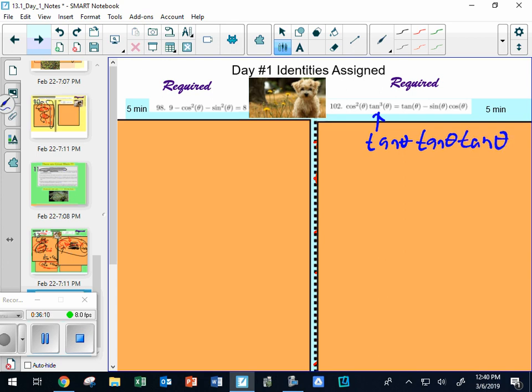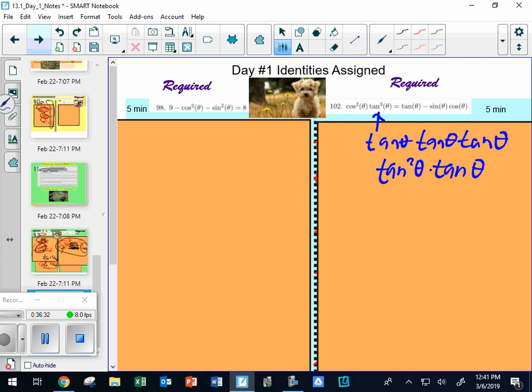But what else do you see on the board a lot besides tangent? Isn't that also tangent to the third? It is. And then tangent squared is all over the board.